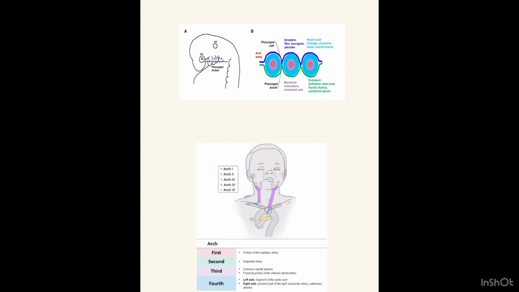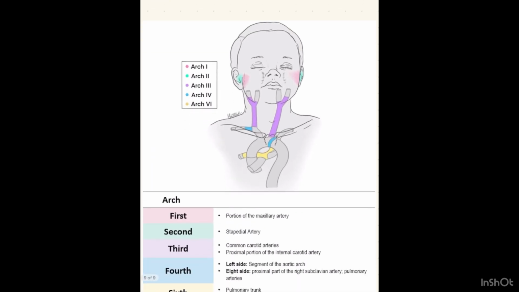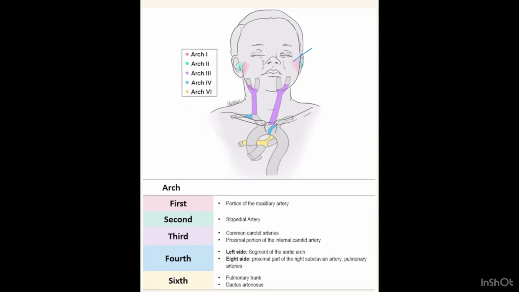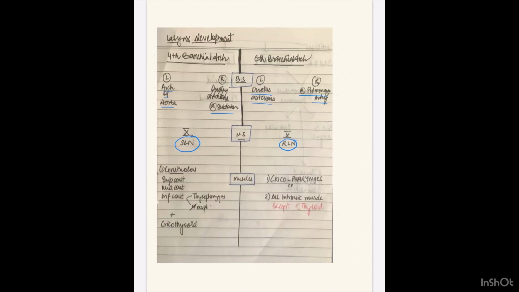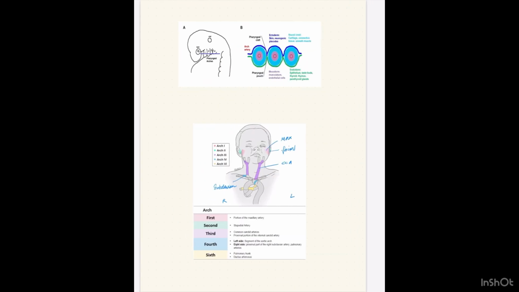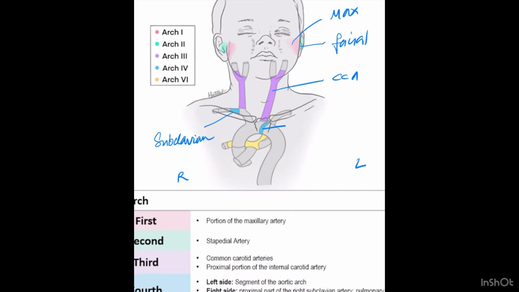Let me tell you more in detail. Now look at this. We told first arch artery will be maxillary artery, second arch artery will be facial, okay, third arch artery will be common carotid artery and also some part of the internal carotid proximal part. Then the fourth arch: over to the left side by the arch of aorta and over to the right side by subclavian.